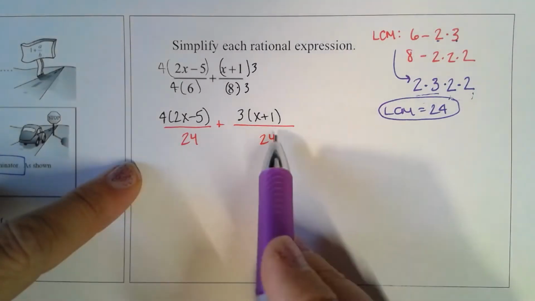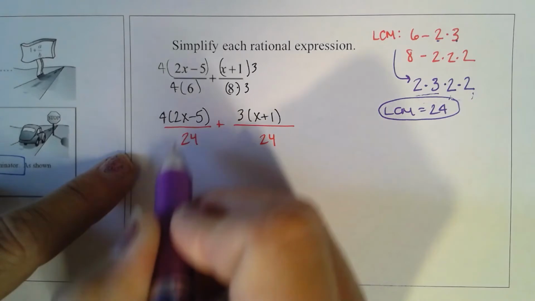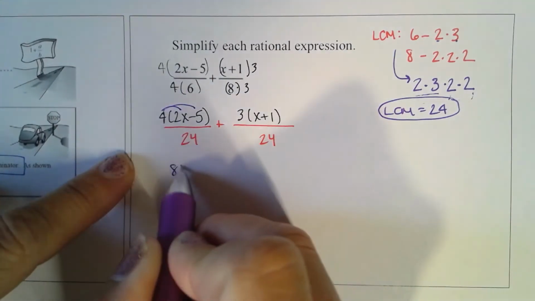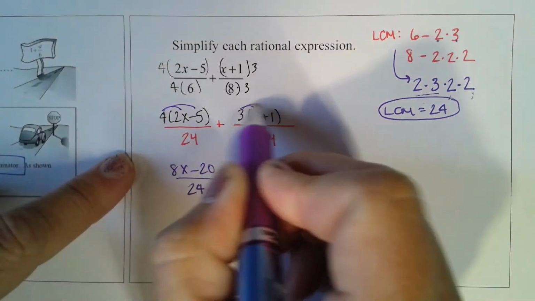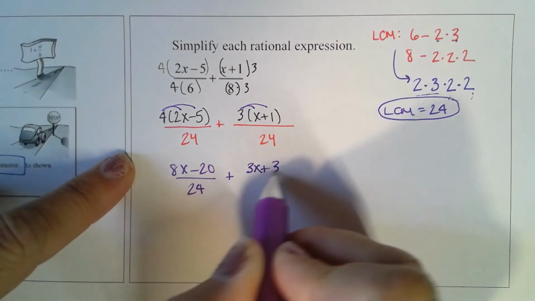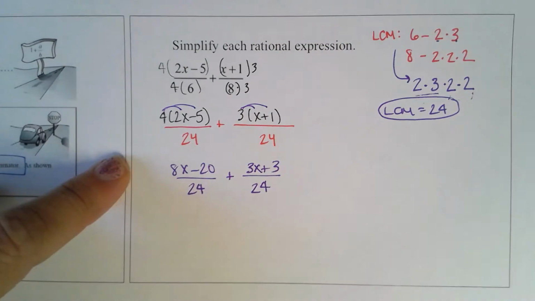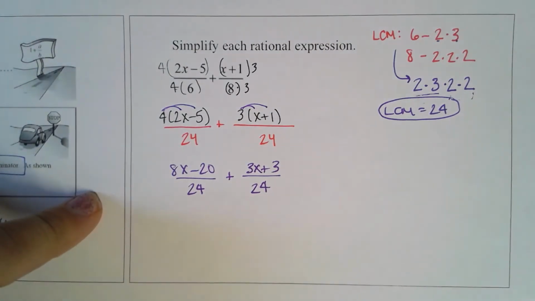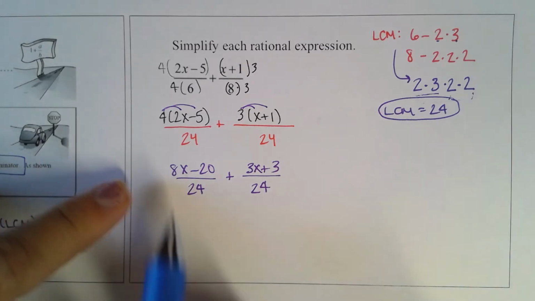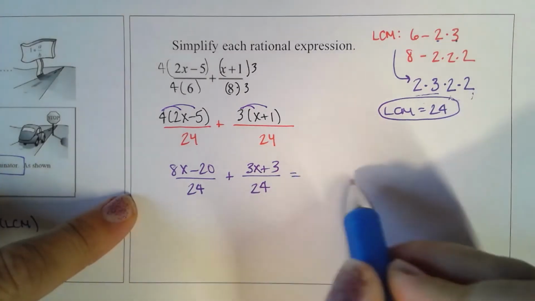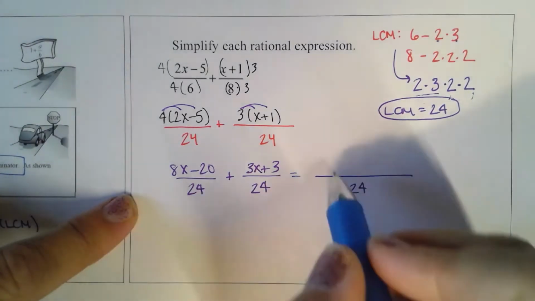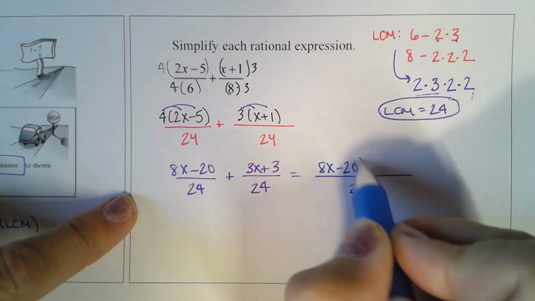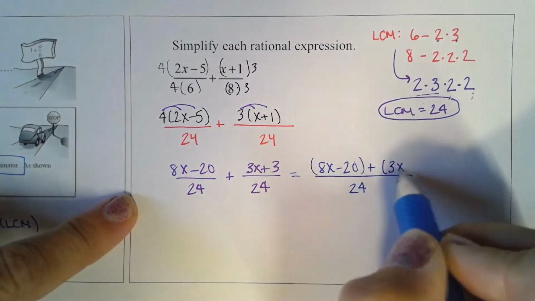So now let's clean this up a little bit. In the top, if I distribute that, I have 8x minus 20 all over 24 plus 3x plus 3 all over 24. So now that we have a common denominator, the rule is the denominator stays the same, and we're just going to add our numerators.